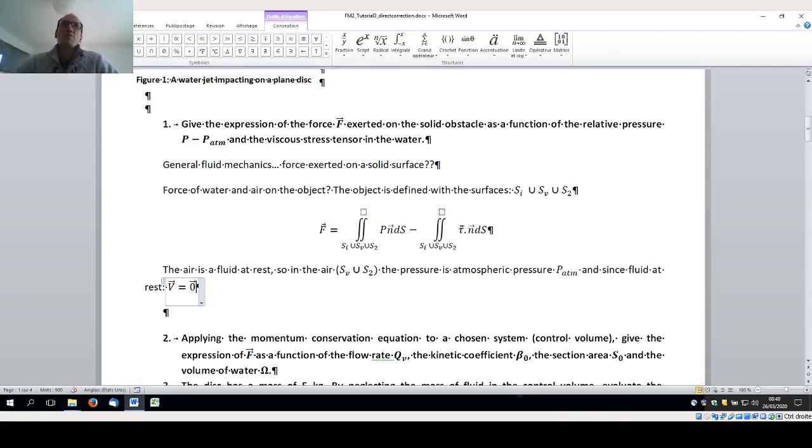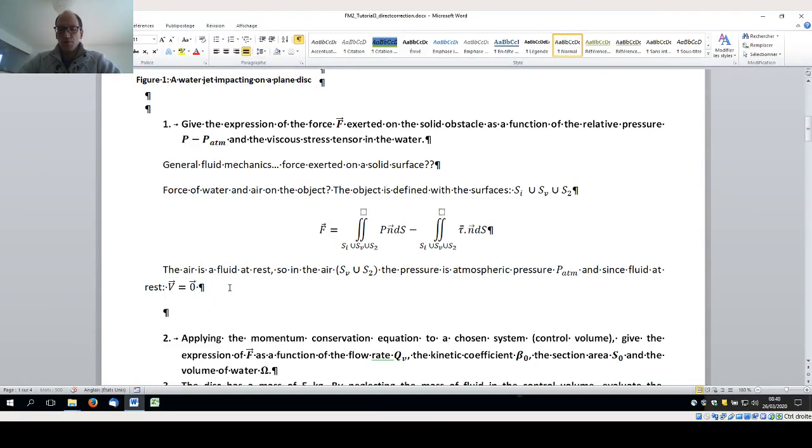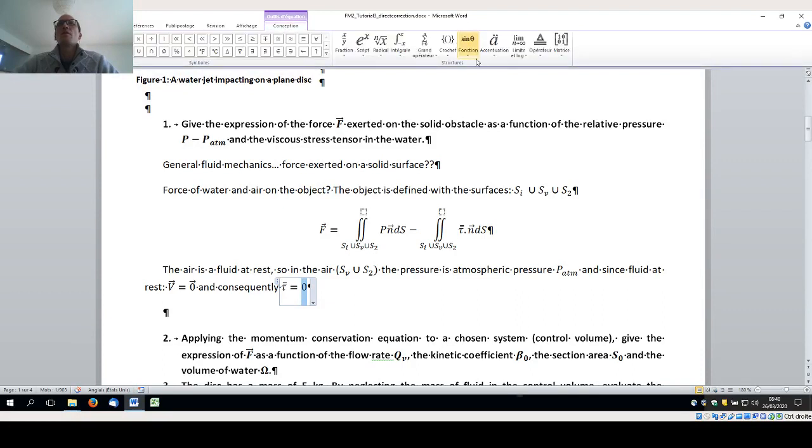So when you have no velocity, the viscous stress tensor is also 0 on those surfaces.